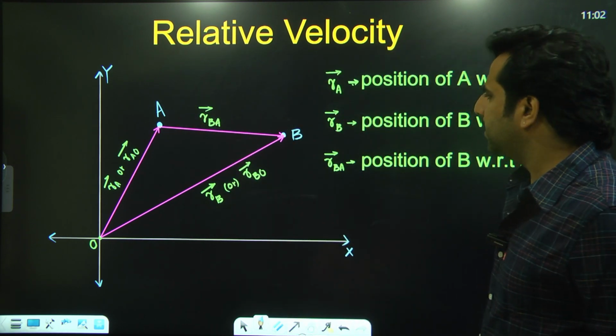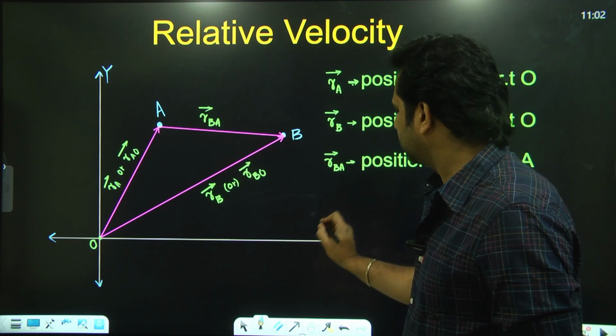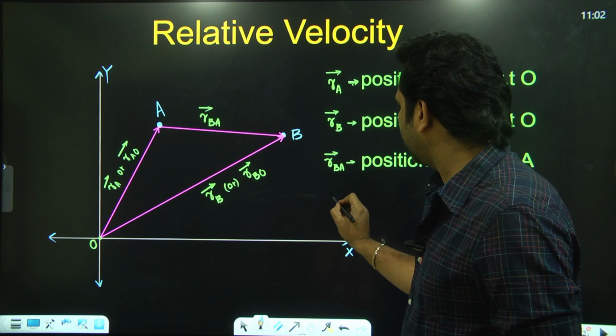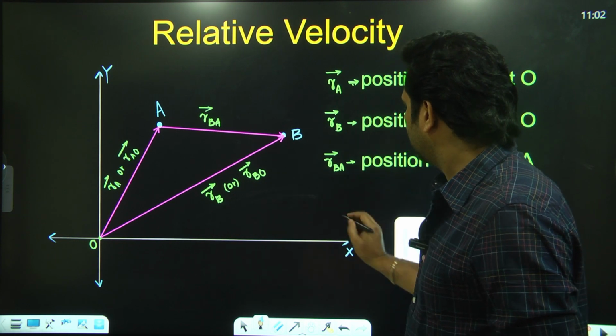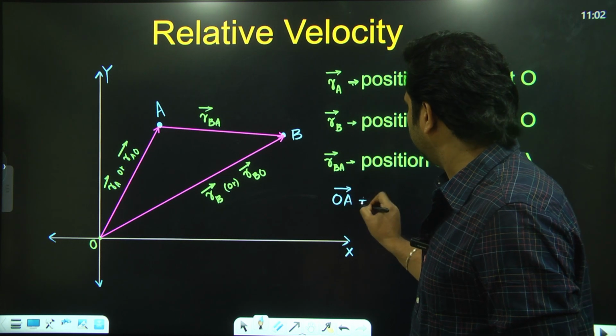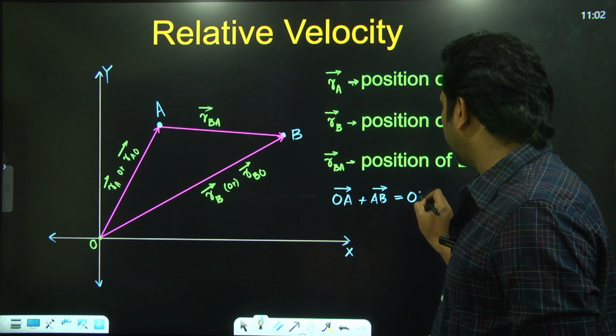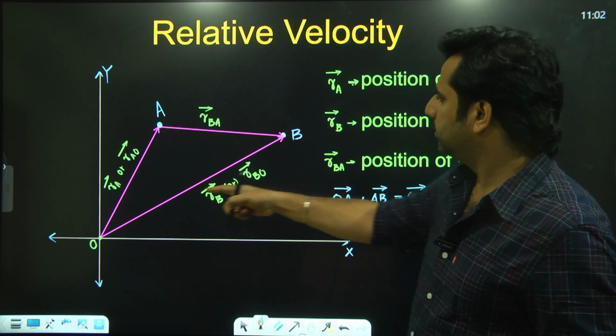Now let us apply simple triangle law of vector addition. So I would get like this. So it is OA bar plus AB bar by triangle law would be equal to OB bar. You can see the diagram here.